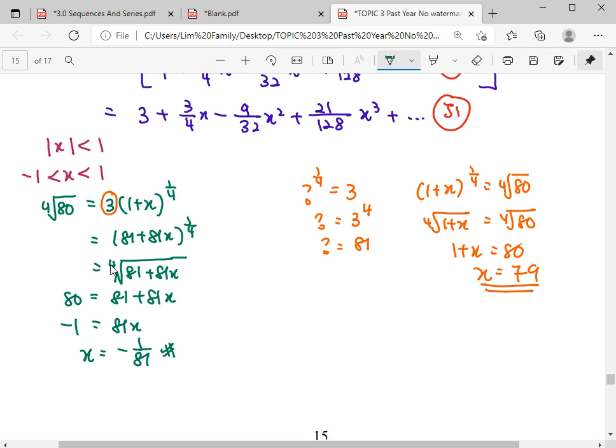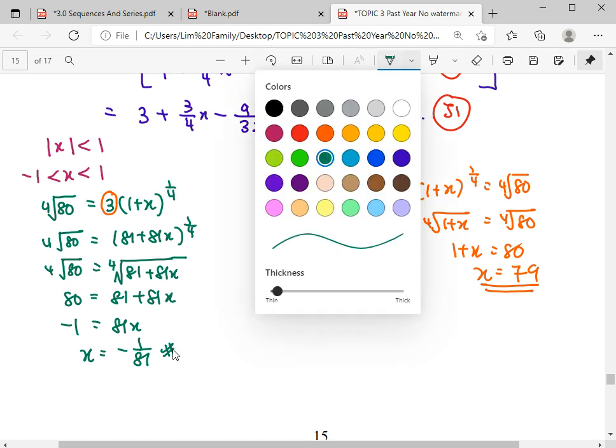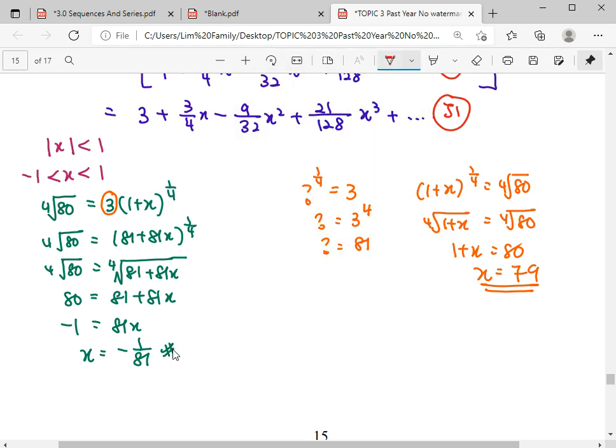Then only can you compare the fourth root of 80, so you can compare inside. After we compare inside, we can get the value of x correctly. So it is very important that you know how to compare and get the value of x which is valid before we start to find out the value in 4 decimal places.